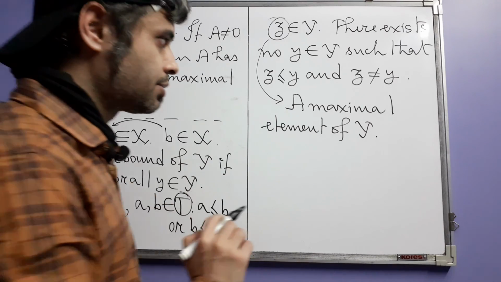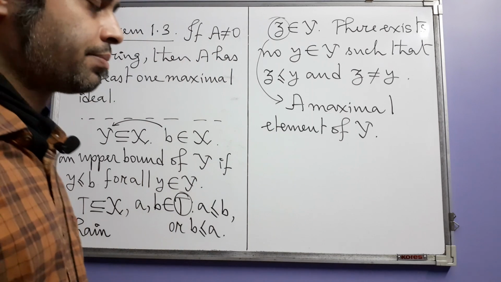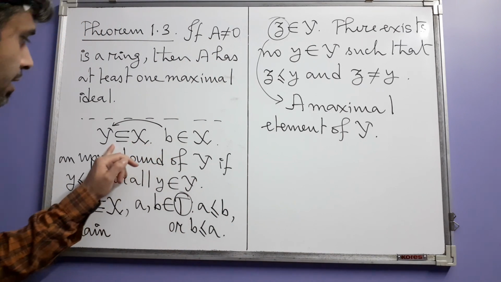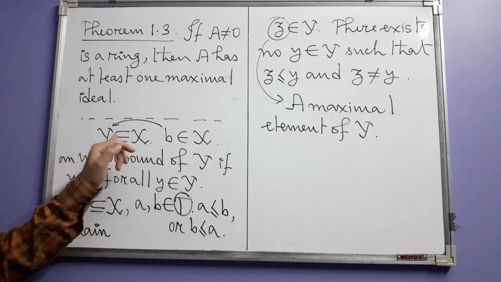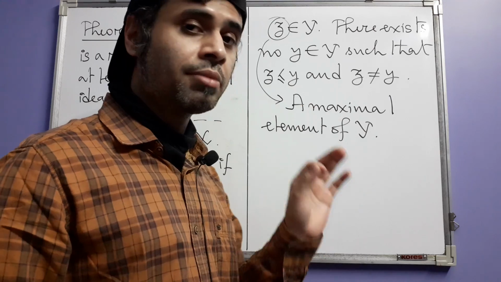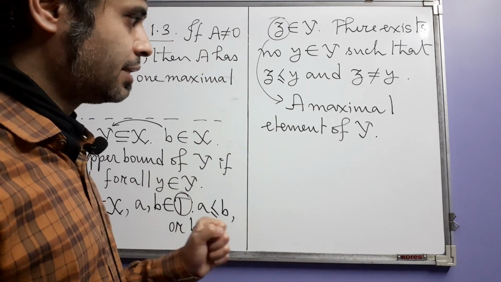There is a difference between a maximum element and a maximal element. Maximum, if it exists, in this case, say B is an upper bound which belongs to Y, then B will be the maximum element of Y. That is unique.